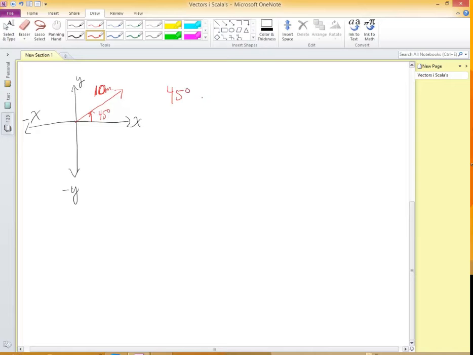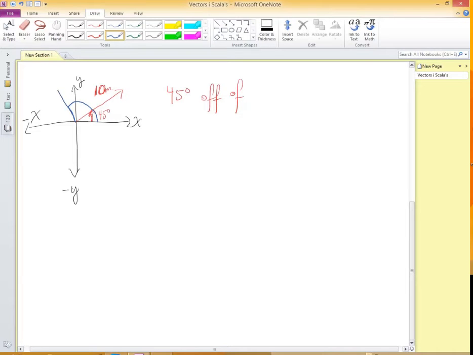Whenever we say 45 degrees off of something, we mean that it's starting from x and it's going off of x like this. If it was, in fact, 120 degrees off the x-axis, we'd go all the way around, so that's 90, and then 30 more degrees to about here.